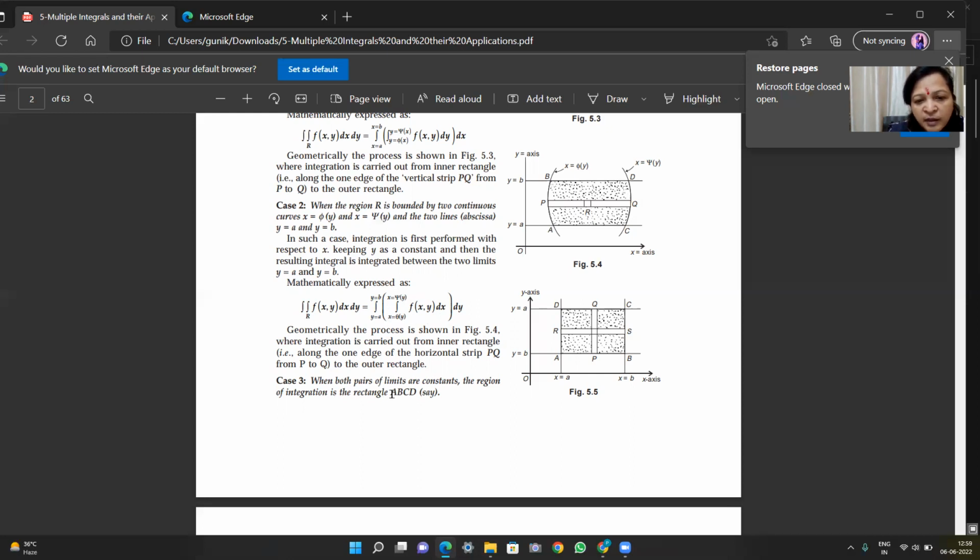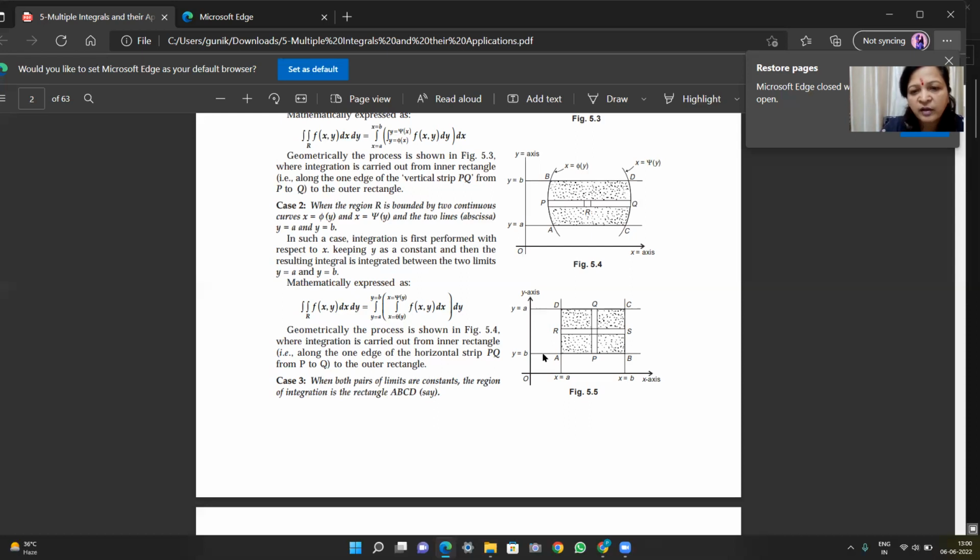Now when both pairs of limits are constant, the region of integration is the rectangle given by this one. Suppose we have x equal to a to x equal to b, and y equal to c to y equal to d.